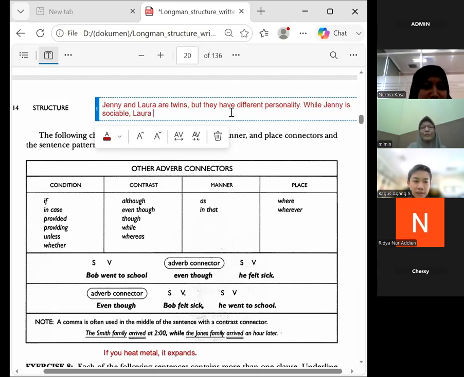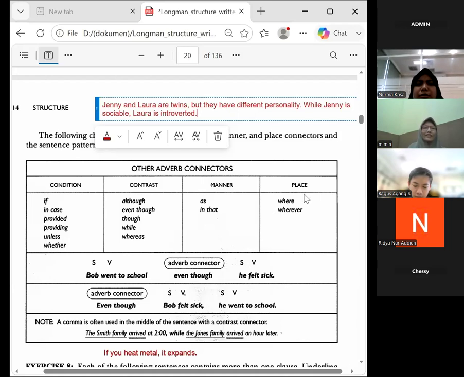All right, so Jenny and Laura are twins, but they have different personalities. While Jenny is sociable, Laura is, what is the opposite word of sociable? Introvert. Yes, introverted. Introvert is the noun. So Laura is an introvert. Laura is introverted. Okay, very good. So that's contrasting, comparing but contrasting. Whereas can also be used in the same way.